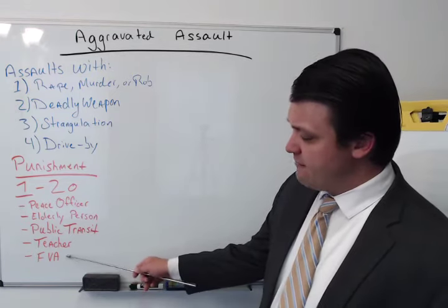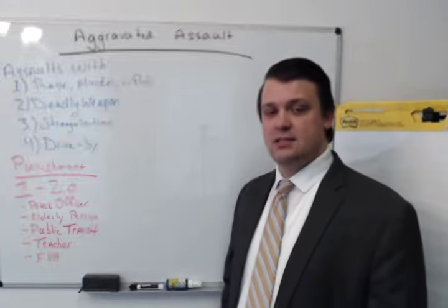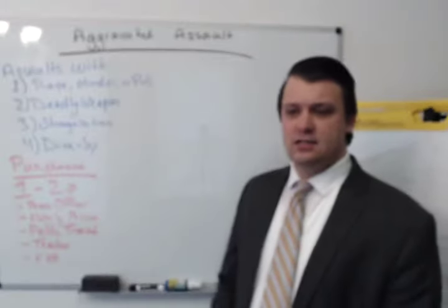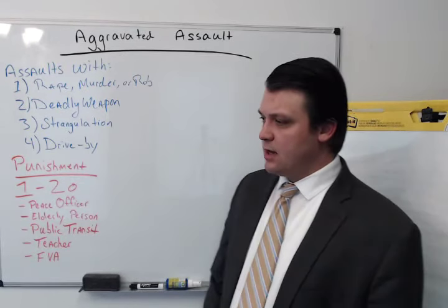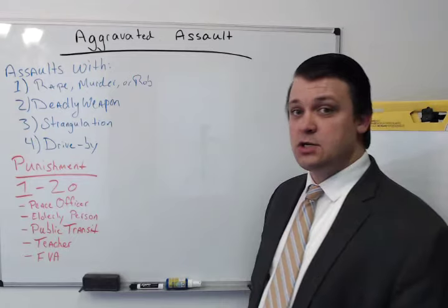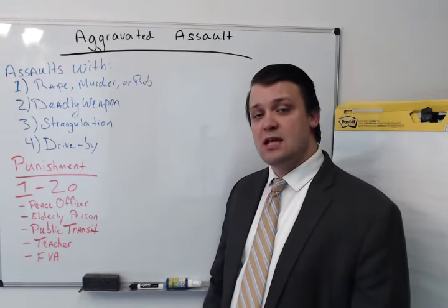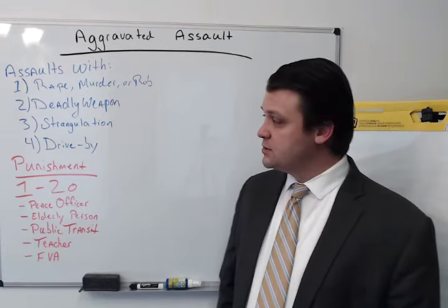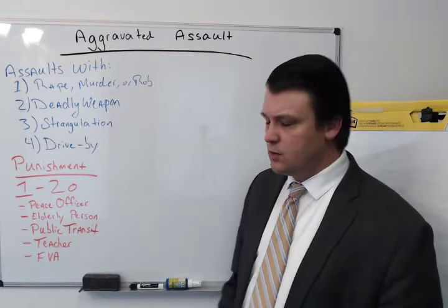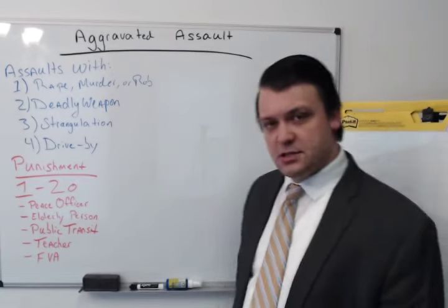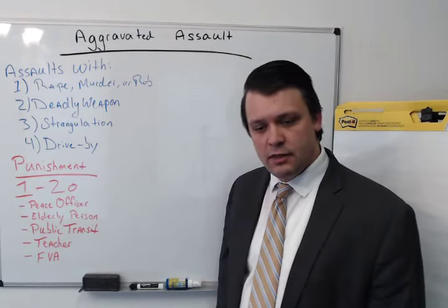And the FVA here, that's Family Violence Act. So if it's done against a present spouse, a former spouse, a sibling, someone that they have lived with in the past, have a child with, things of that nature, we can see increased punishments in that situation as well. So aggravated assault, again, there's a lot that goes into it, a ton of information on the website, but today was just kind of the starter pack to understand what we're dealing with.